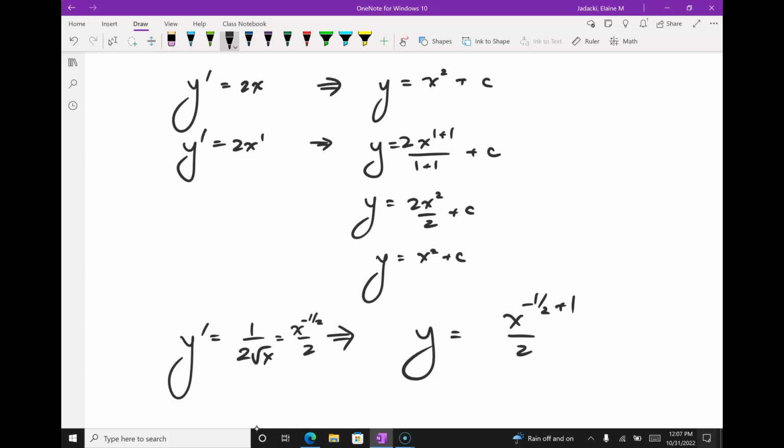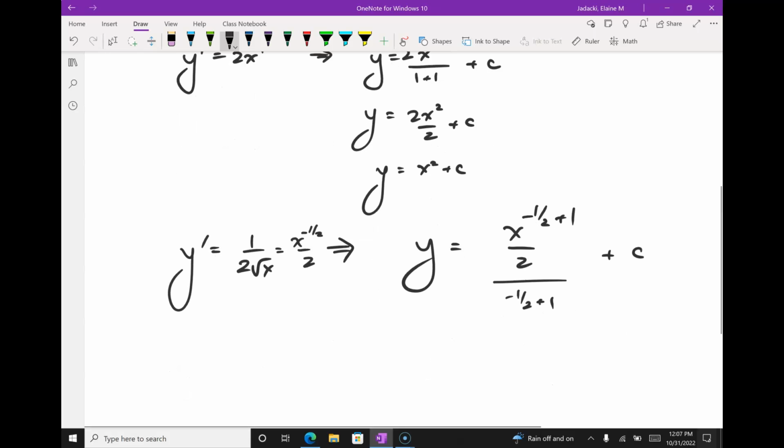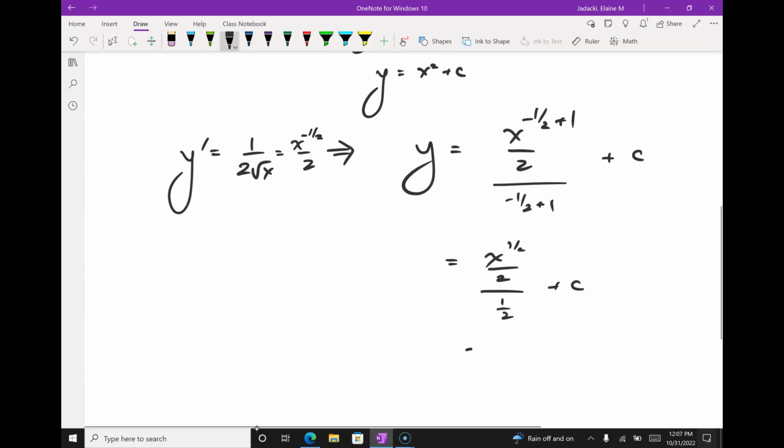Add 1 to the power, divide by the new power, and add a constant c. So what do I get there? X to the 1/2 over 2 over 1/2. So there it is, square root of x plus c.